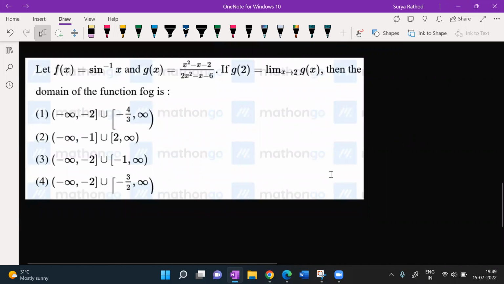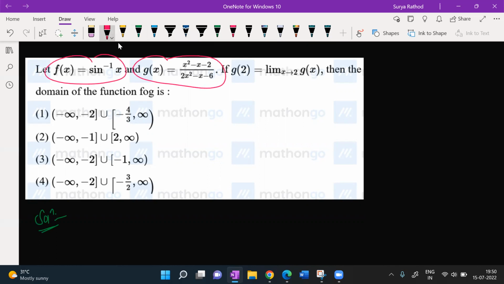Quick. F of x is equal to sin inverse of x.